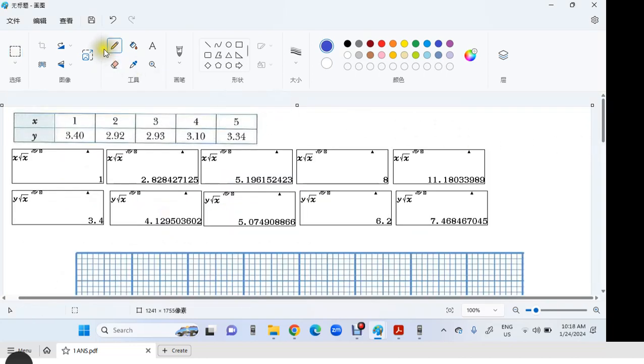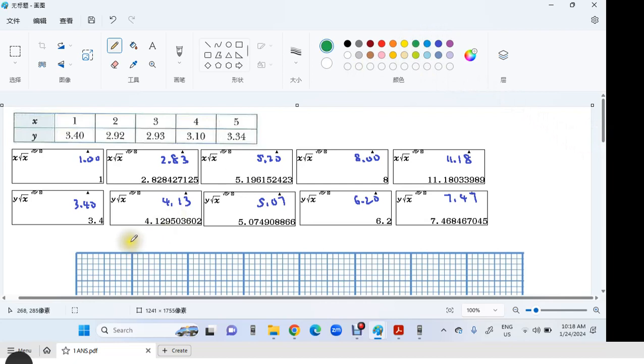So we have 1.00, 2.83, 5.20, 8.00, 11.18, and 3.40, 4.13, 5.07, 6.20, and 7.47. For X we have 1 until 12.